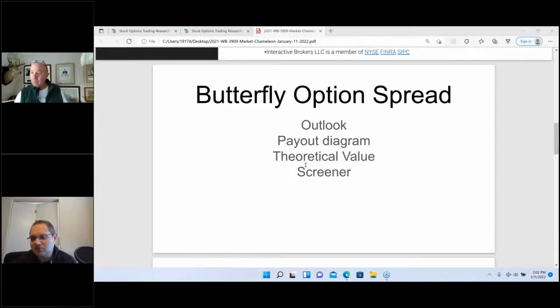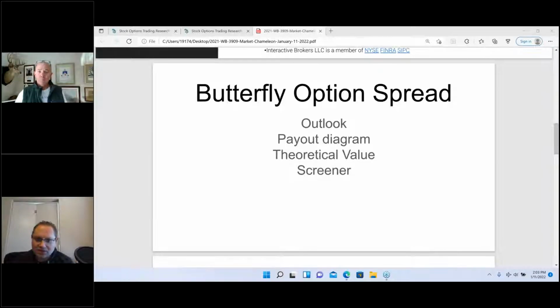We're going to talk about a theoretical value, and then we're going to do a screen. The theoretical value is more like, can we put a value on the spread and compare it to the market prices? And the screen is, we're going to use a screener to narrow down candidates and then look deeper into it in an options chain.